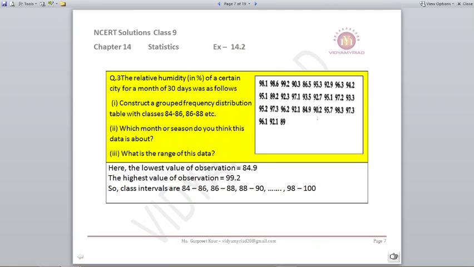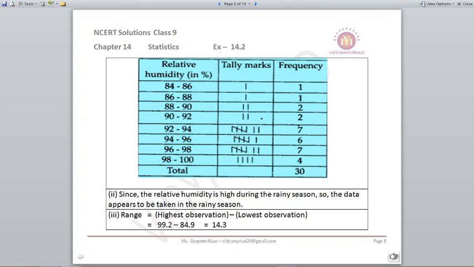But till where do we go? The highest value of observation given to us is 99.2. That means my last class interval will be 98 to 100. So from 84 to 86 till 98 to 100, I will make my table with the tally marks and the frequency.